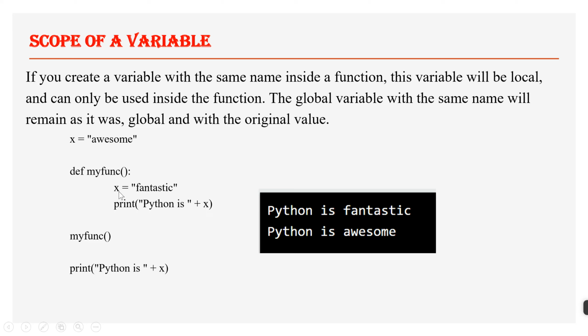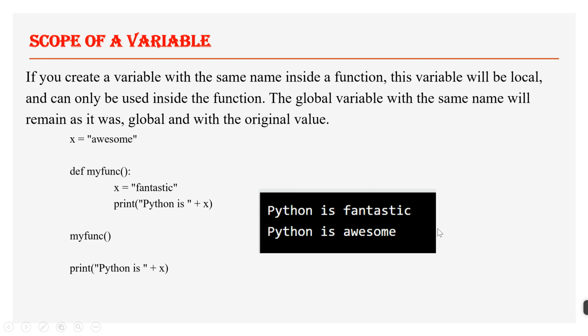X is the local variable. Suppose you define the same variable locally, then the local variable will hold the value, not the global variable.